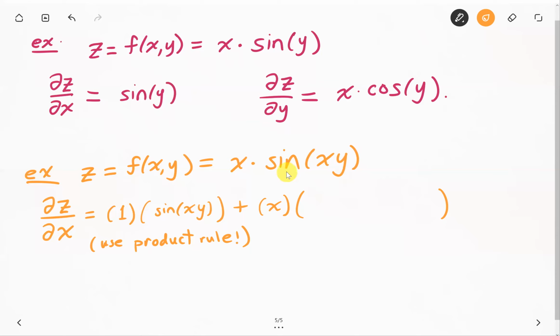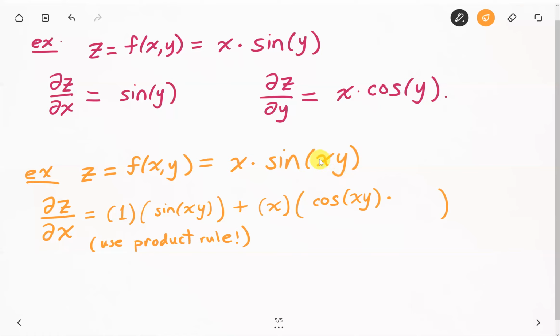But here we have a function within a function. We have a sine function on the outside, and then we have multiplication by y on the inside. So here we actually have a chain rule in the second part of this. Oh, this is a good problem. So to start off, we do the derivative of the outside function applied to the inside times the derivative of the inside function.